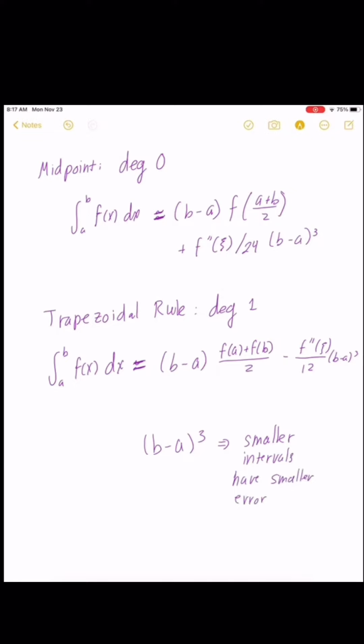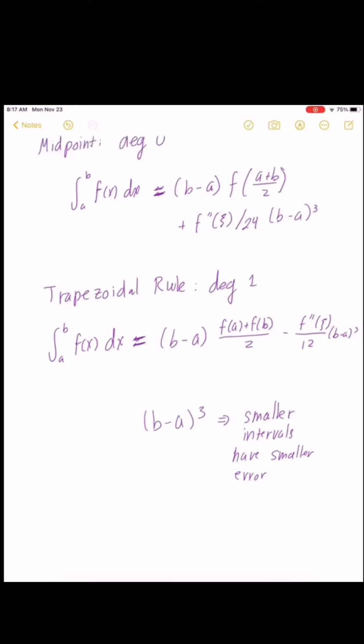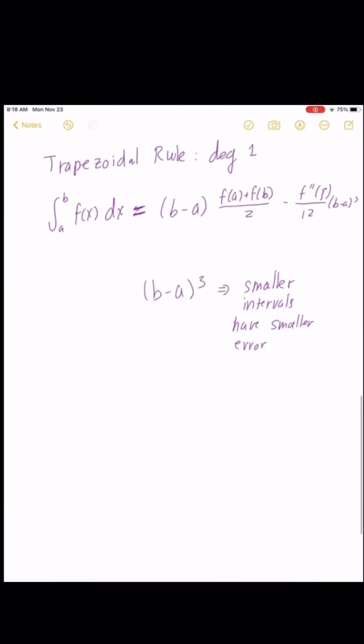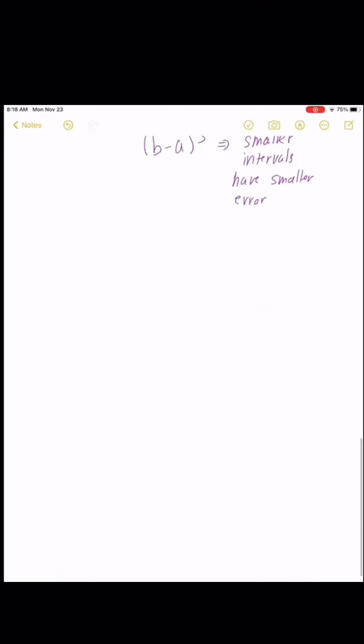So we don't want to just use a single interval. We want to use many smaller intervals. So what we're going to do is start with the composite trapezoidal rule. If we have our interval b minus a, when I say composite, I just mean many smaller intervals.